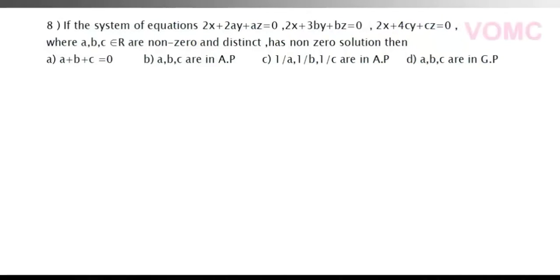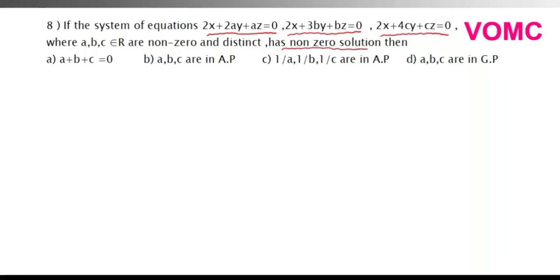Question number 8. Come to the question. If the system of equations 2x plus 2ay plus az equal to 0, 2x plus 3by plus bz equal to 0, 2x plus 4cy plus cz equal to 0, where a, b, c belong to the real number set, are non-zero and distinct, has a non-zero solution.